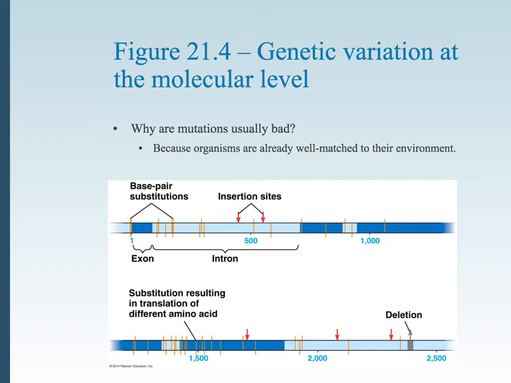But then we can also have substitutions that do result in a different amino acid. And so these mutations, whether they're deletions or substitutions or frame shifts or whatever, they're almost always bad because of this business about being well matched to your environment. But every once in a while, like I said, they do work out pretty well.